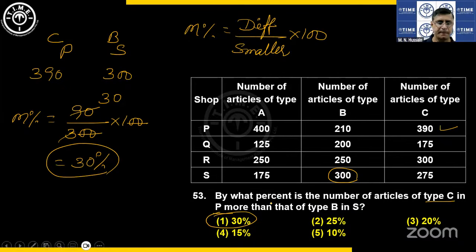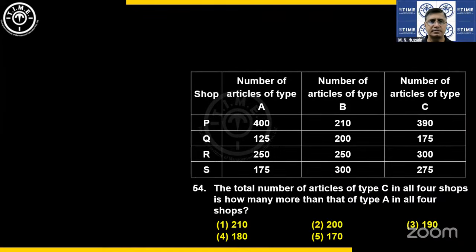Okay. Now moving to next example, question number 54. The total number of articles of type C in all the 4 shops is how many more than that of type A in all the 4 shops? Type C. What is the total number of type C in all the 4 shops?